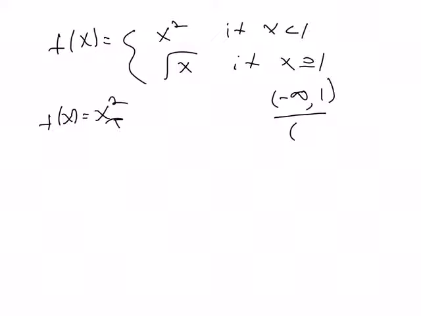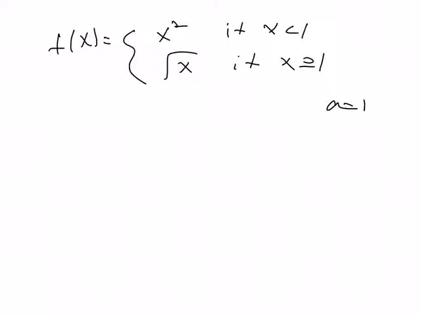Then similarly, on the interval 1 to infinity, f of x is defined as the square root of x, and so again it is a continuous function because it is a root function. So that's simple. So the question is, is it continuous at 1? For a equals 1, is this continuous?